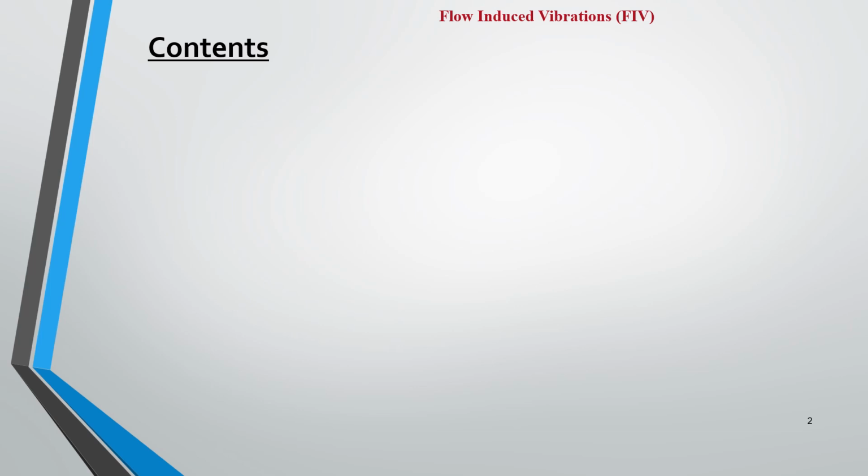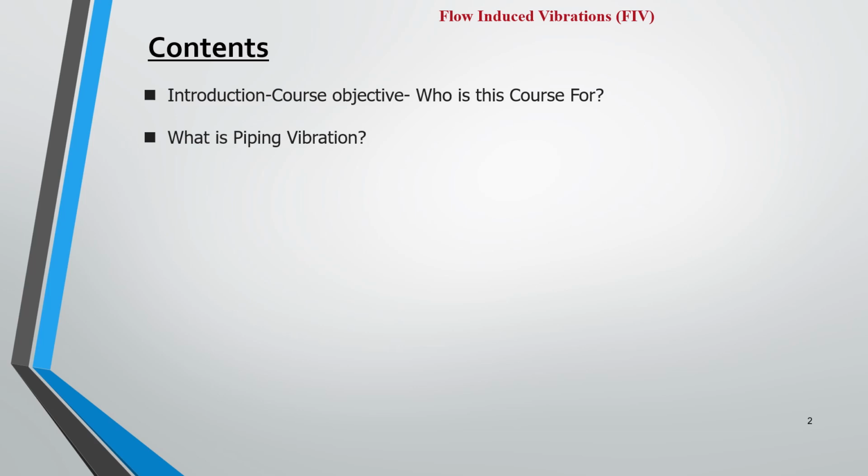The main contents that will be covered in this course are: first is introduction, meaning course objective and who should attend this course. Then next, what is piping vibration? In this section, we will know what is causing piping vibration, and what actually is a piping vibration, the definition, or what we can call a piping vibration.